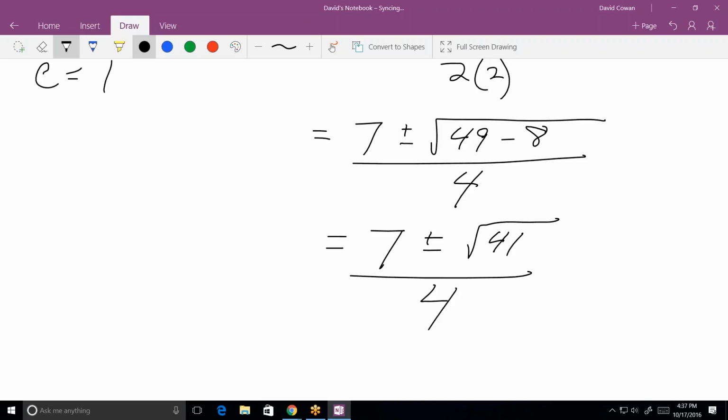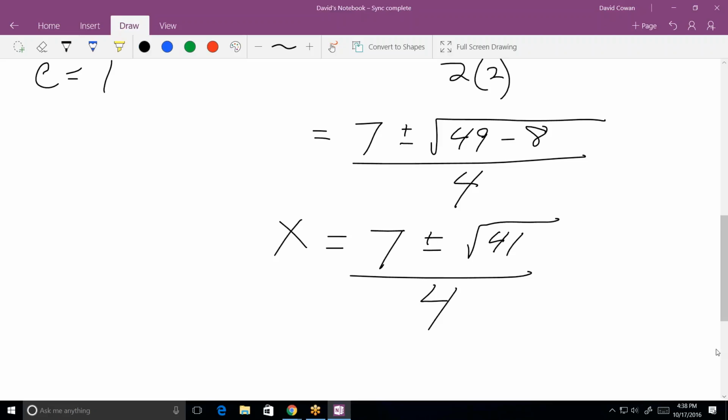Okay, now can square root of 41 be simplified? Well, it can't, it's actually prime. So this is your answer. Those are your two answers actually. One answer is 7 plus root 41 over 4. The other is 7 minus root 41 over 4.